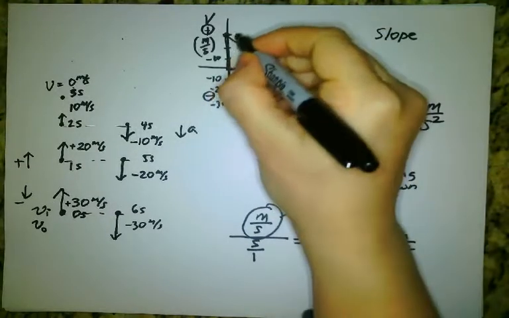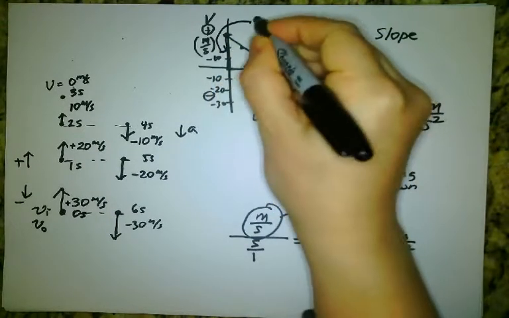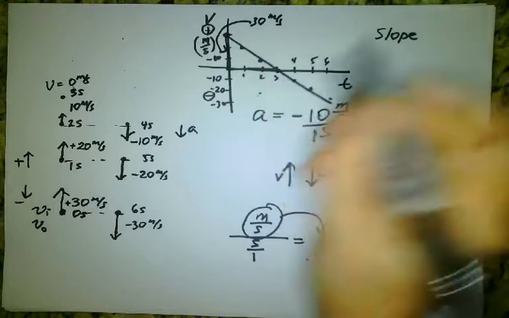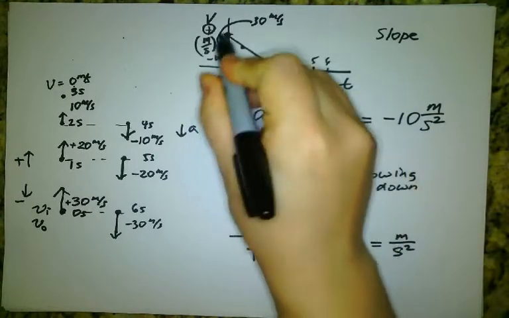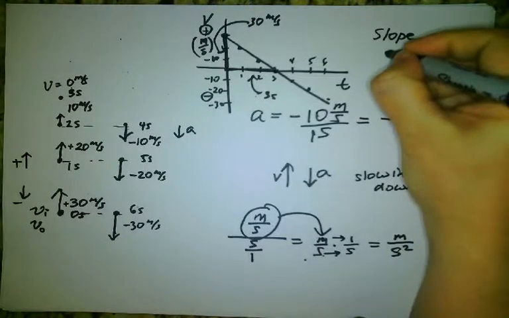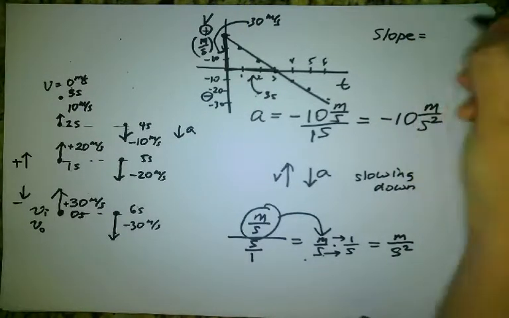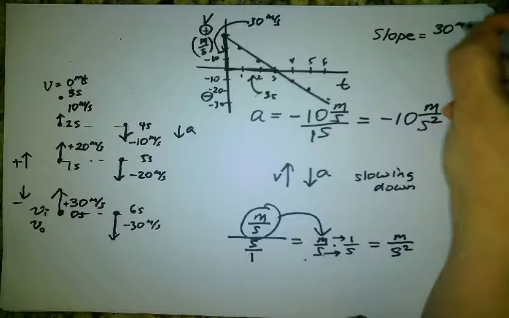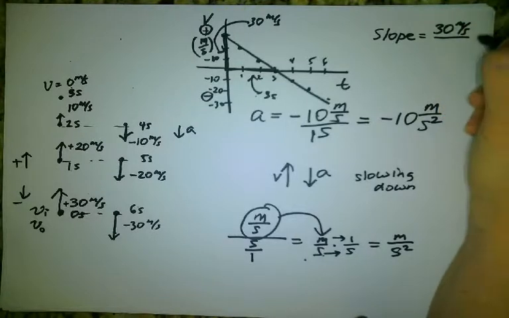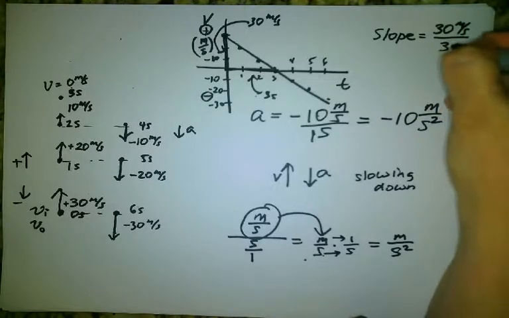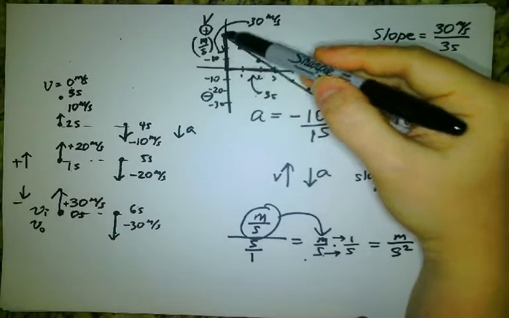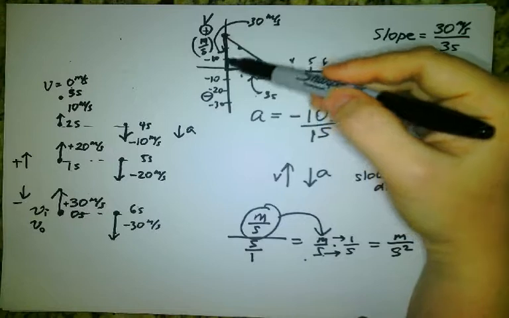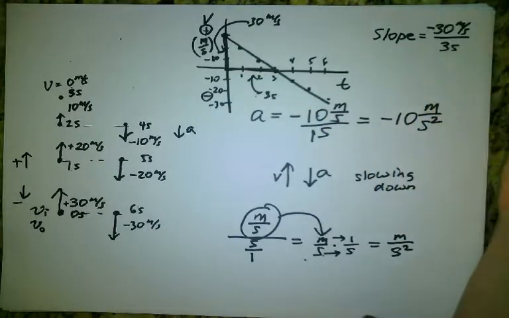Because here's my little triangle. So rise over run, 30 meters per second over 3 seconds. And remember this, you're dropping. You're not really rising, you're falling. It's more like fall over run. So it's a negative slope. And when I do it out, I get negative 10 meters per second squared.